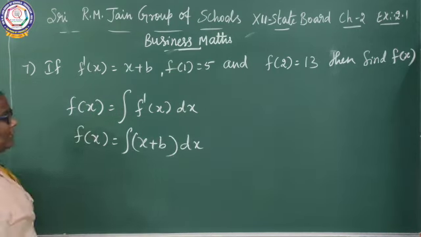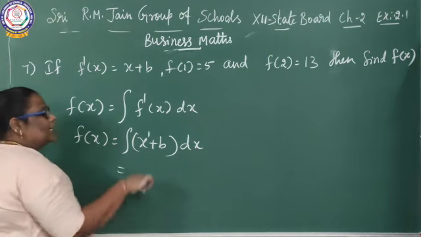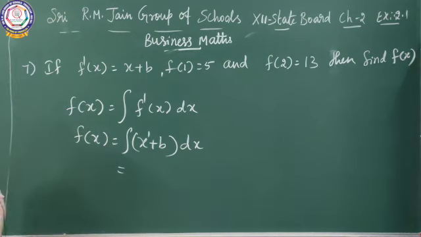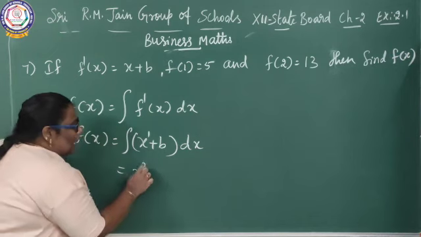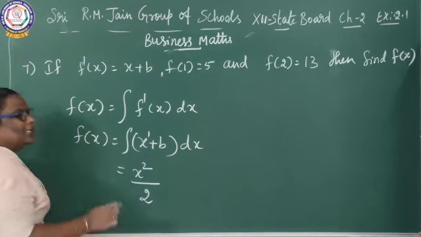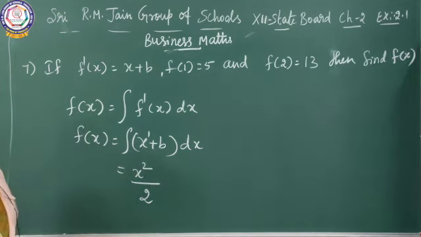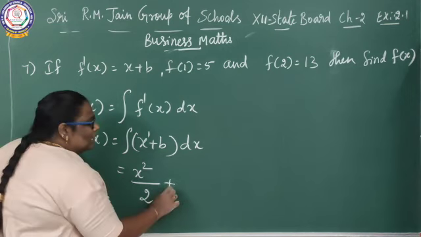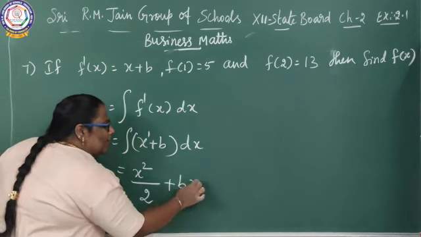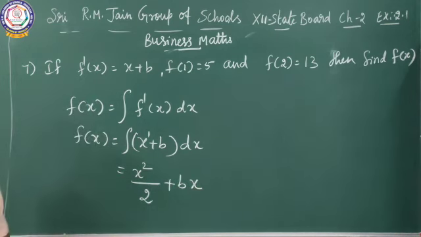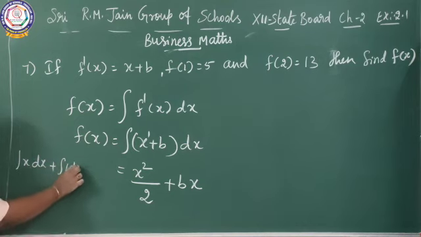I will do it straight away. See, integral, it is power 1. Power 1 means x square by 2. That is 1 plus 1 by 1 plus 1. X square by 2. Plus, nothing is there, you can write x, because integral dx is x. If you want, you can do it separately: plus integral b into dx.